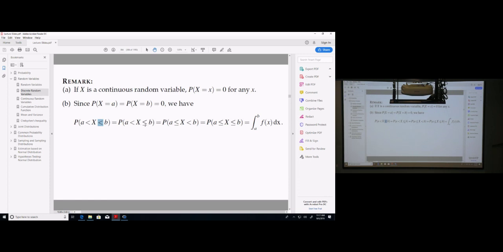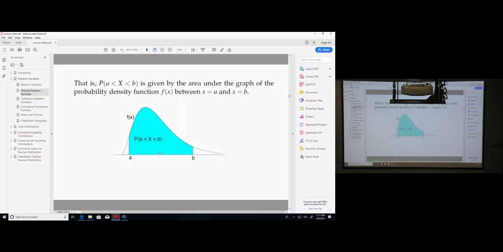And if the probability of X equal to b is positive, this probability would be bigger than this one. So whether you have equal signs in one of them doesn't really matter here. This is the area under the curve.